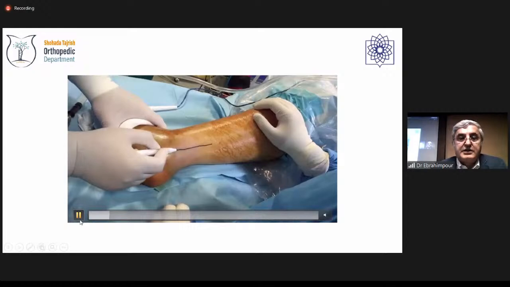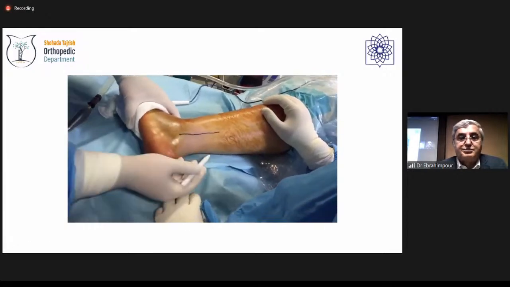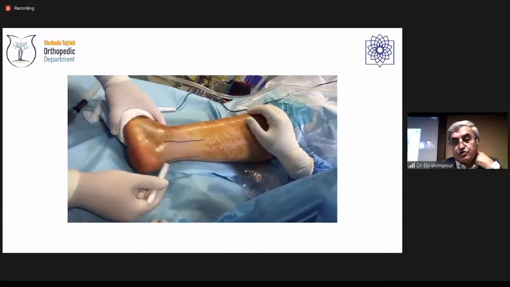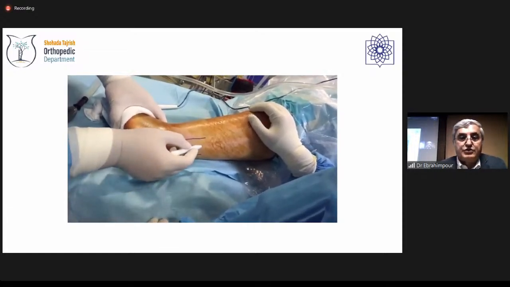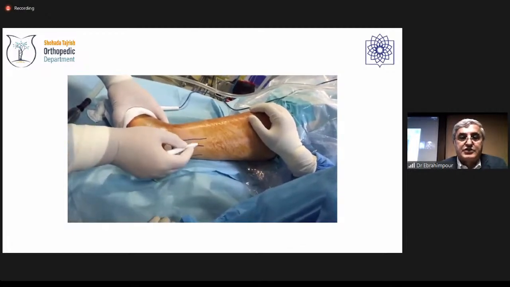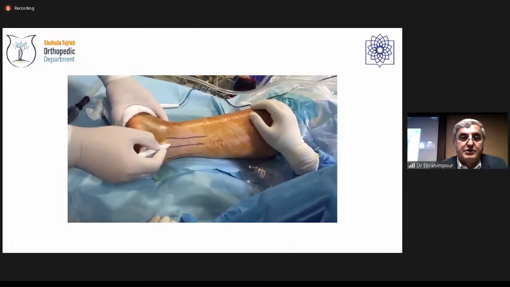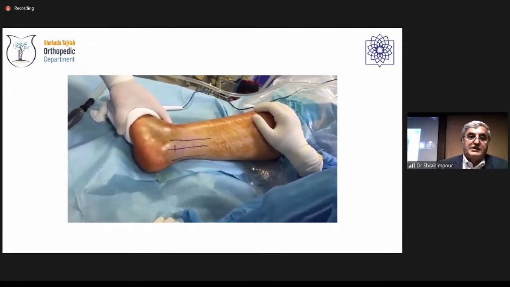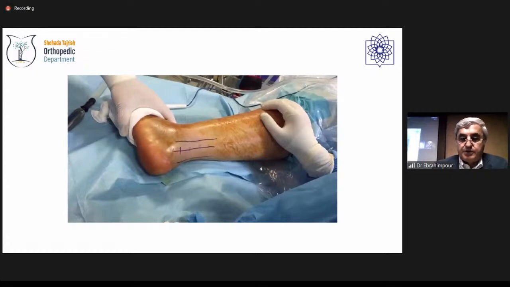When you want to fix the fibula, the incision should go further anteriorly. But when the purpose is only the posterior malleolus, we can place the incision a little more posteriorly.